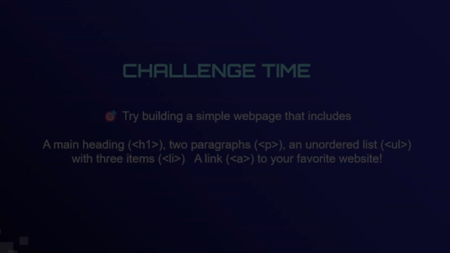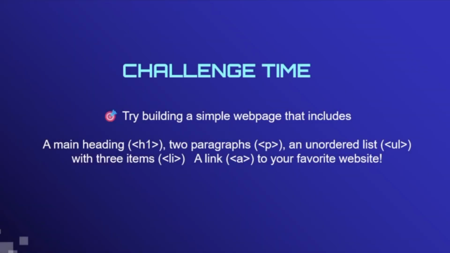And I have a challenge for you. Try building a simple web page that includes a main heading h1, two paragraphs, which is the p tag, and an unordered list, which is the ul, with three items, that is the li, list items within it. Don't mind the anchor tag, just work on the h1, the p tag, the ul, and the li.